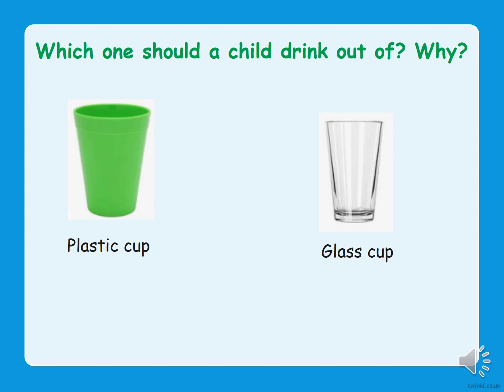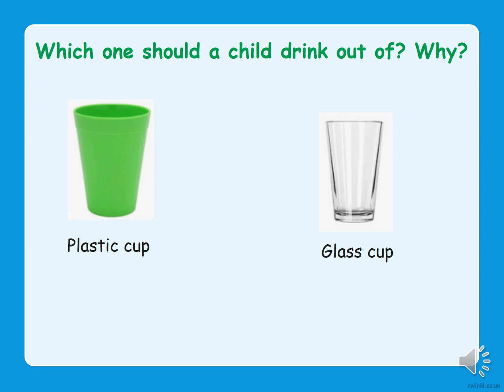Now, it will be easier for a child to drink out of a plastic cup, and that's because the plastic cup is quite smooth and it is a lot lighter. Plastic is quite a light material. And also, plastic doesn't break. You can drop plastic on the floor and it will not smash.